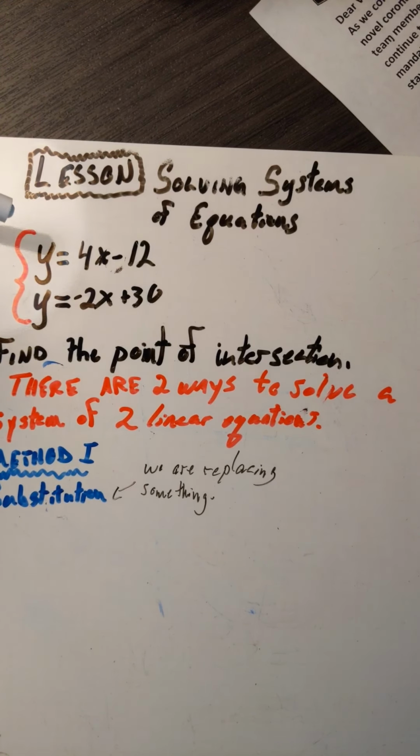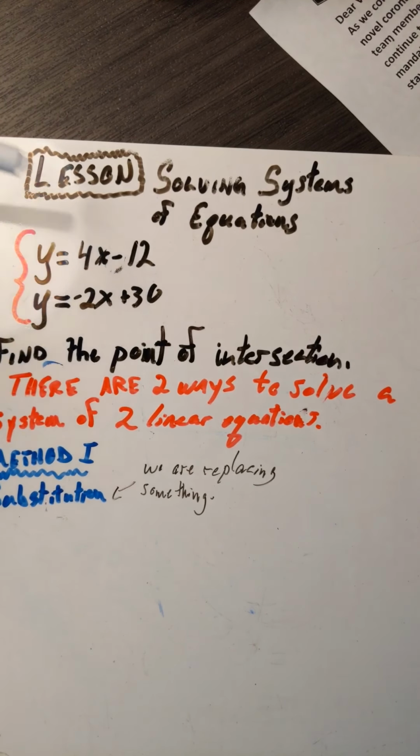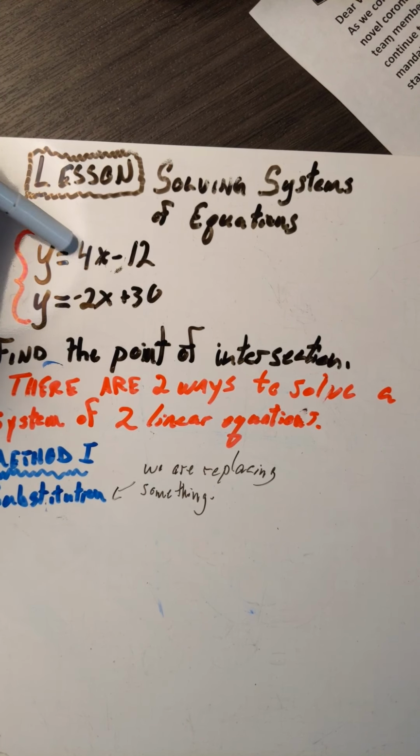Well, that means that anytime I see a y value, it could be replaced with this quantity, 4x minus 12. Right? And that's okay, because we're told that they are equal to each other. We know they don't look the same, but they have been given this symbol, which means we are being told they are the same amount of stuff.